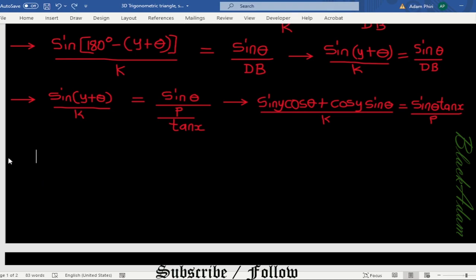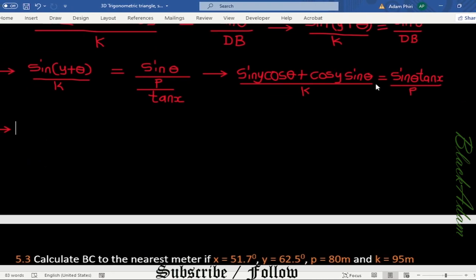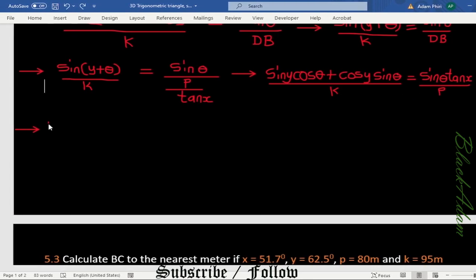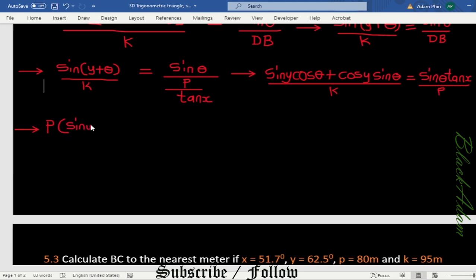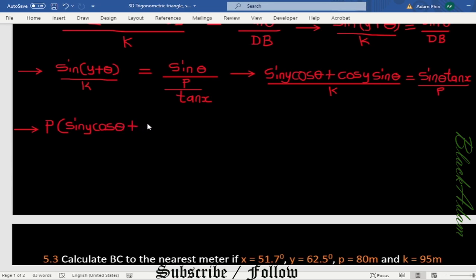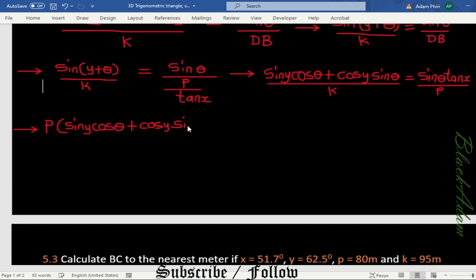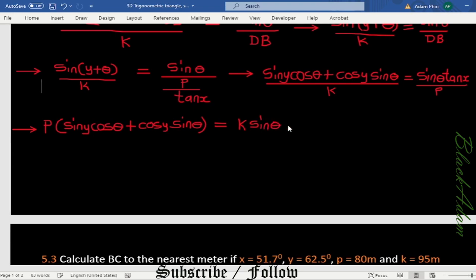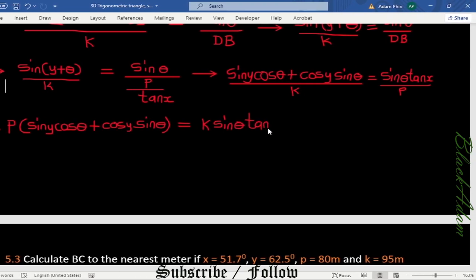Alright, and then from there we cross multiply. So cross multiplication will give us p bracket sine y cos theta plus cos y sine theta, and all of that cross multiplying gives us k sine theta 10 theta.